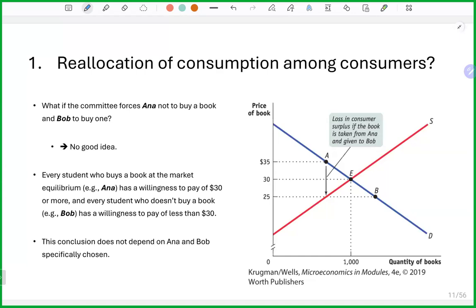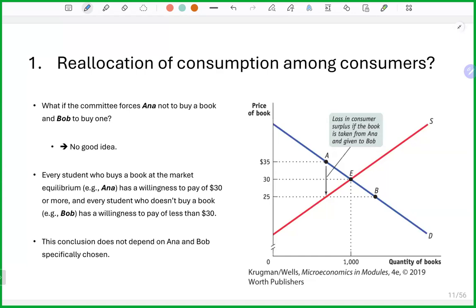Then Bob's valuation is only $25, and Bob's valuation is added, $25. So the net decrease in the welfare is $10. So the main message is that if we take the book from Anna to give it to Bob, then the loss to society is 10.